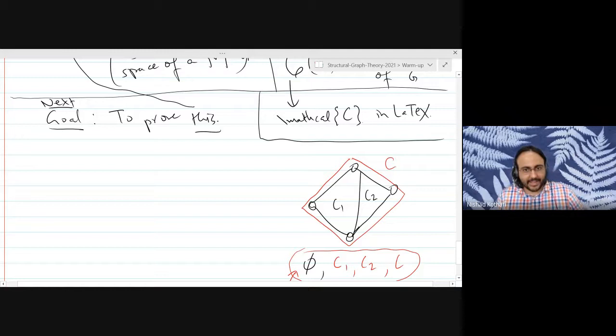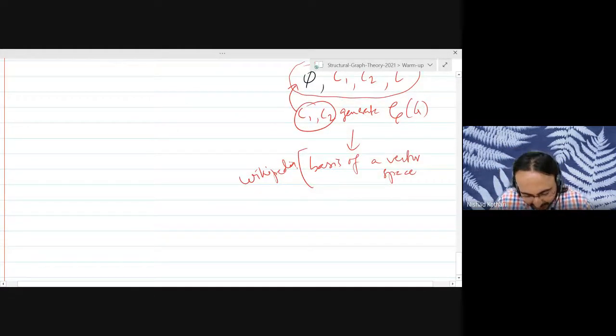So let's keep thinking about it, right? Maybe try to make some examples and see if you can either find a counterexample and prove that it is a counterexample, or otherwise prove the statement that the induced cycles actually constitute a basis. Okay, so this is a try-it-yourself.